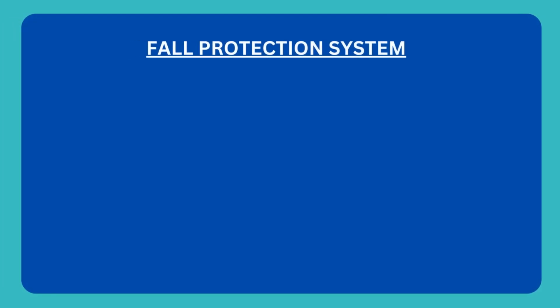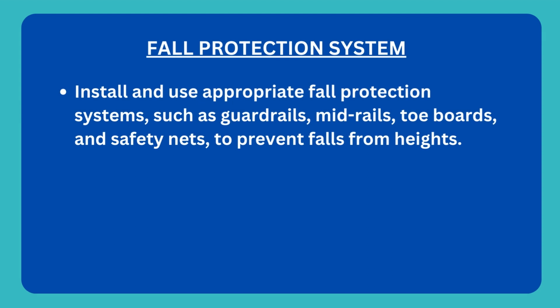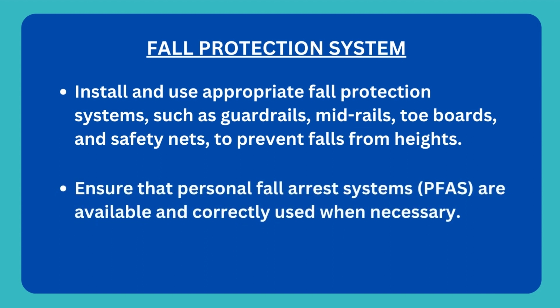Fall protection system. Install and use appropriate fall protection systems such as guardrails, midrails, toe boards and safety nets to prevent falls from height. Ensure that personal fall arrest systems are available and correctly used when necessary.